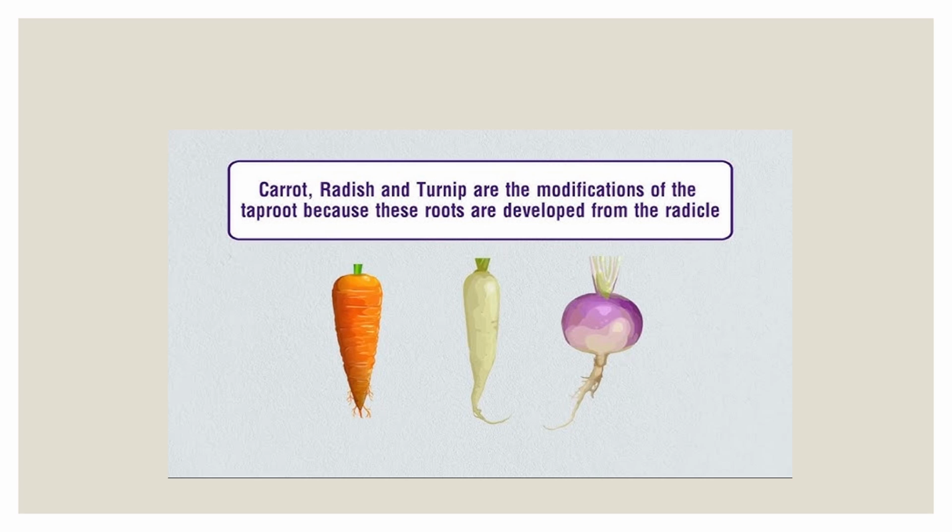The taproot always develops from the radicle. So the carrot, radish and turnip are modifications of the taproot because these roots develop from the radicle. And I know you have seen them before because they are food stuff, vegetable roots. We always eat them.